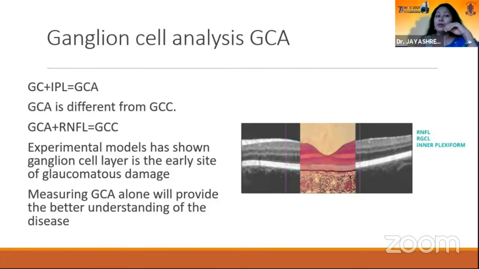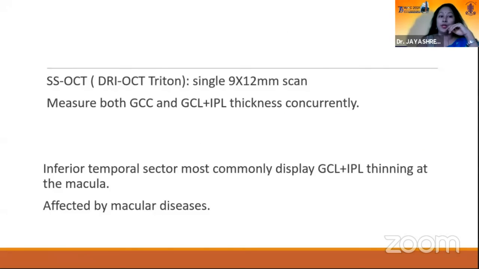Now, experimental models have shown that the ganglion cell layer is the early site of glaucomatous damage, and measuring this GCA alone will provide us a better understanding of the disease. Now, what is this GCA? It's nothing but the ganglion cell along with your IPL. But when we are talking about GCC, it is these two components, the GC and IPL, along with your RNFL component.